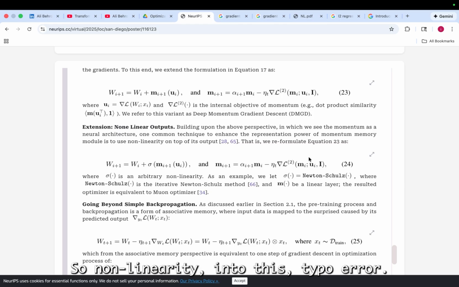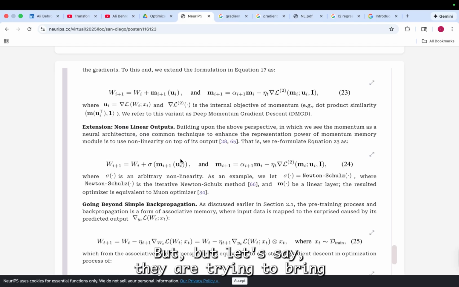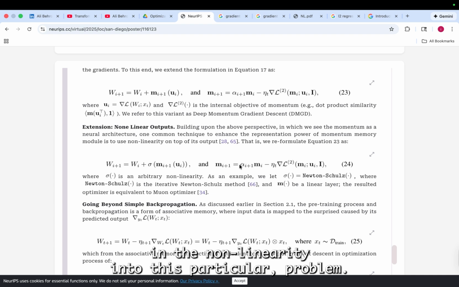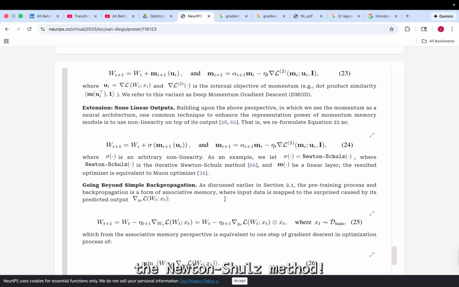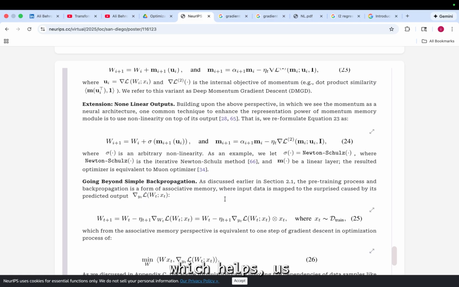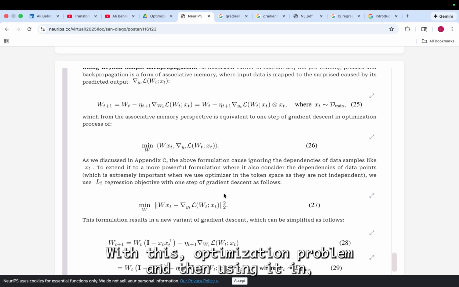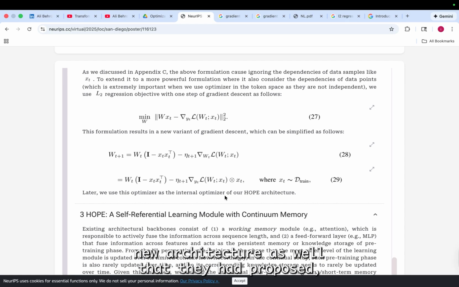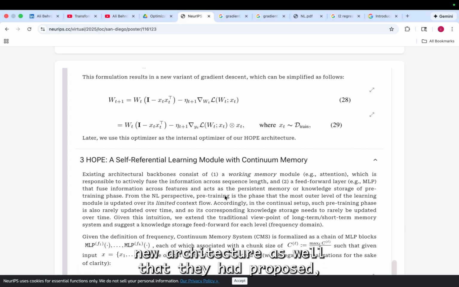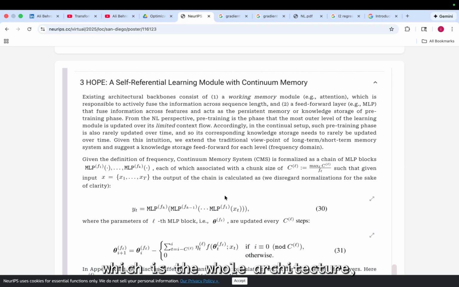So nonlinearity, I think this is a typo, but let's say they are trying to bring nonlinearity into this particular problem, and they are using the Newton-Schulz method, which helps with this optimization problem.